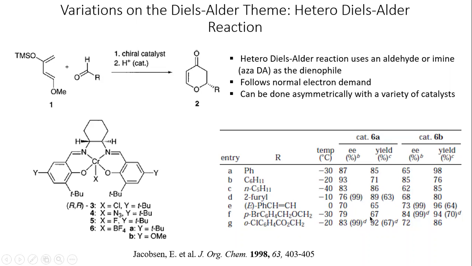And then you get good enantiomer selectivities, right? Now, these ones that are in parentheses, those were taken after recrystallization. So some of these products, if they were oils or liquids, right? You can purify that, and these are your enantiomer selectivities.